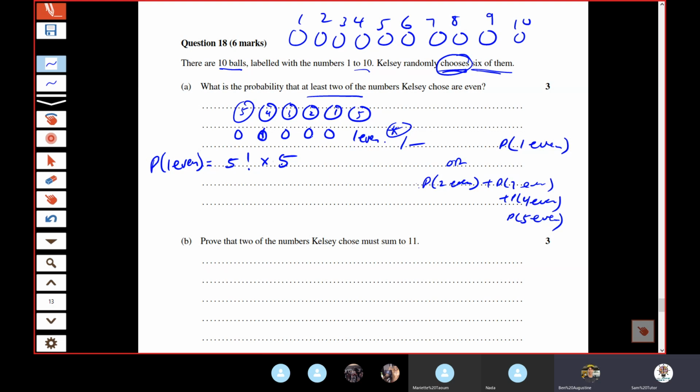I'm stuck because now I'm here. 5 factorial times 5, but that's obviously when order matters. Now, order doesn't really matter. So if order doesn't matter, I've got 10 numbers. I'm trying to choose 5.